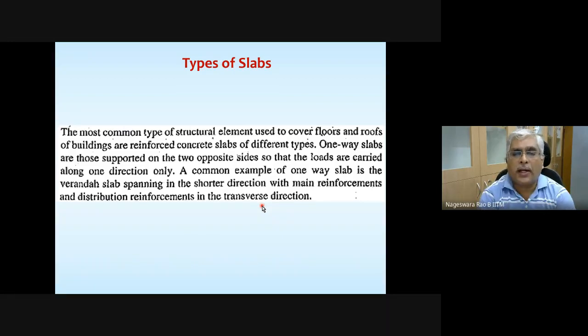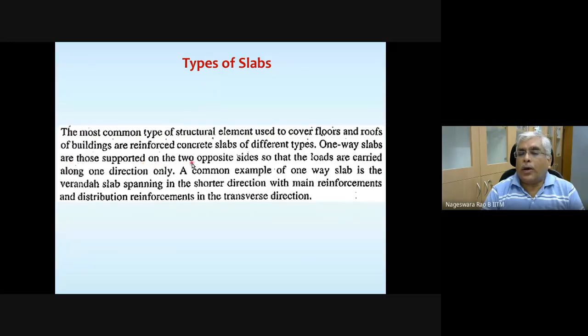The most common types of structural element used to cover floors and roofs of buildings are reinforced concrete slabs of different types. One-way slabs are those supported on two opposite sides so that loads are carried along one direction only.